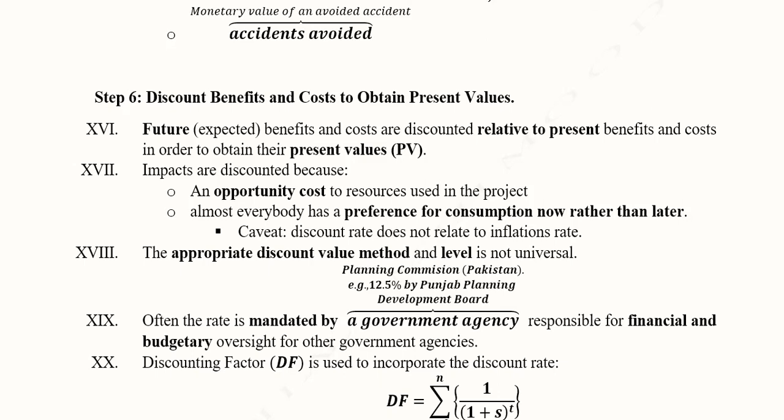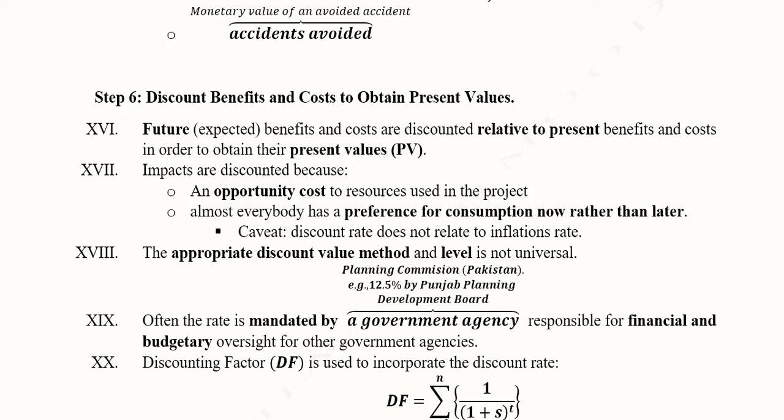We will delve deeper into this concept as we go ahead, but right now the simple thing is that there is a preference for consuming now as compared to consuming later. So resources have greater value now as compared to any other point in time in the future. We want to consume now as compared to any time in the future.